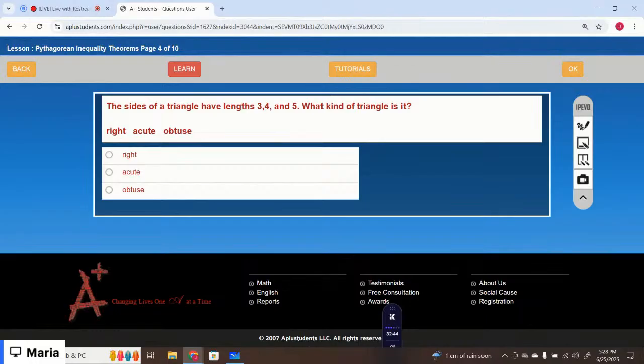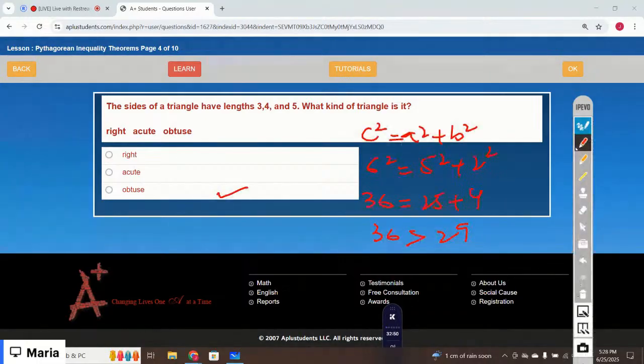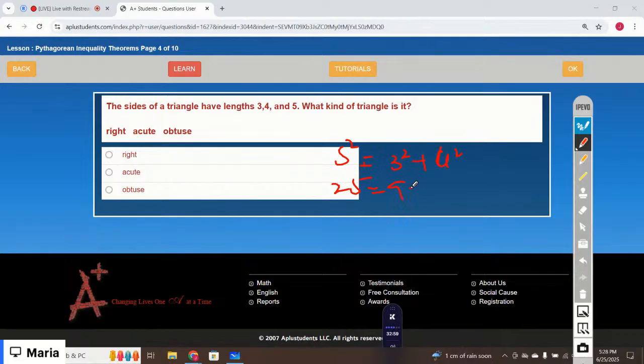The sides of a triangle have the lengths 3, 4, and 5. What kind of triangle is this? So that is the right triangle because 5 squared is equal to 3 squared plus 4 squared. 25 is equal to 9 plus 16, and 9 plus 16 is also 25. So both sides are exactly equal, so that is the right triangle.